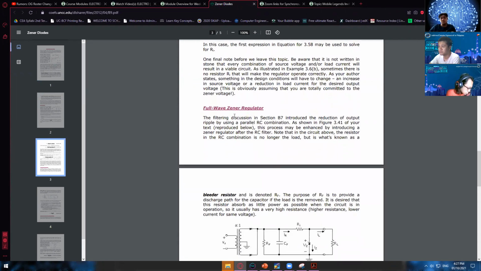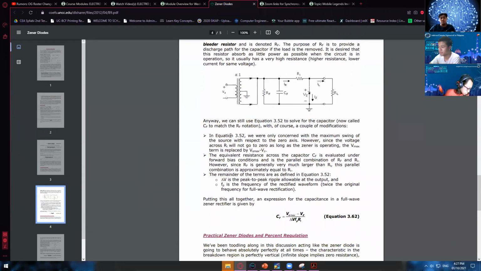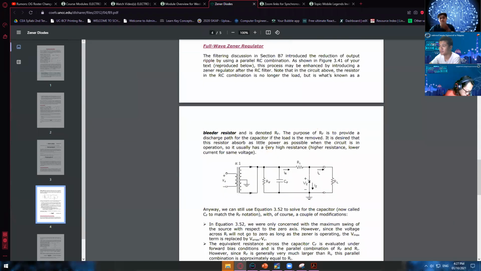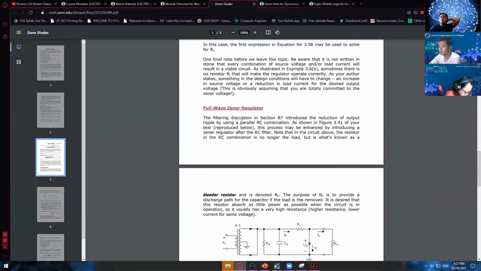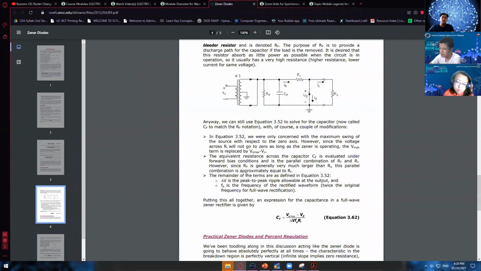And then we also have the full wave Zener regulator. If you have enough time, then we'll talk about this full wave Zener regulator with capacitor, and then an inductor. This one is quite hard already.